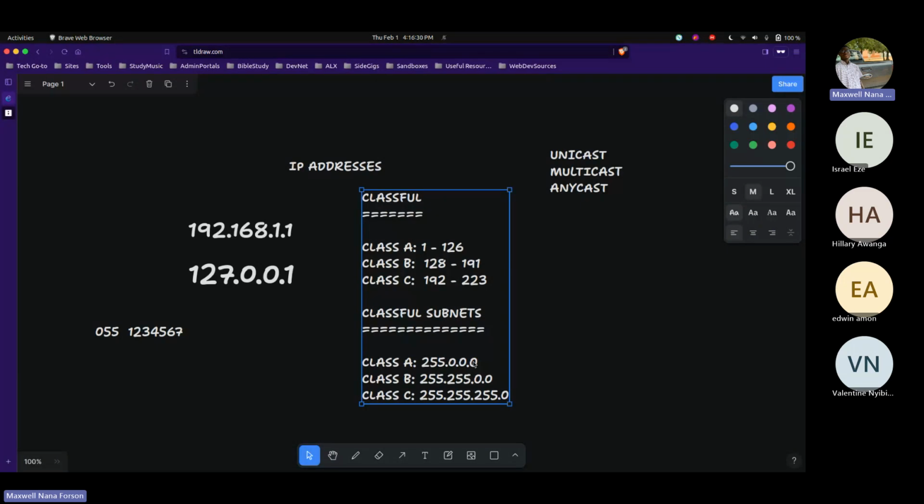It just says that this many bits can be used to create hosts. So on a network, you can have 2 raised to the power 24 devices. But it is mostly unrealistic that we are going to have that many addresses in one place.